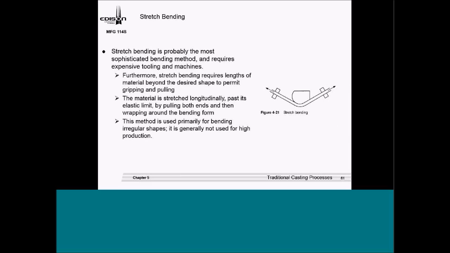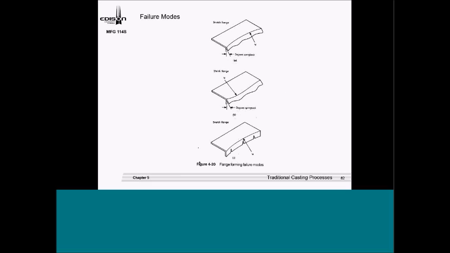Stretch bending. And then failure modes, you know, why we have failure, where we want to see it, cracks, and so forth, shrink, failure modes. Good video on this also.